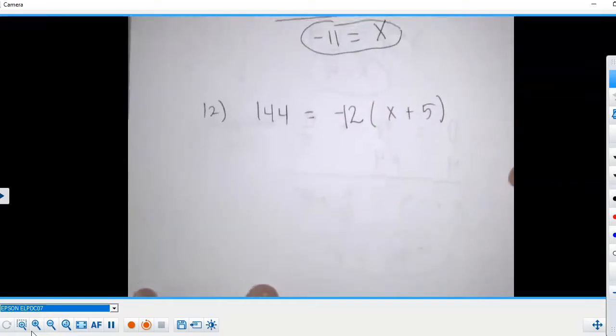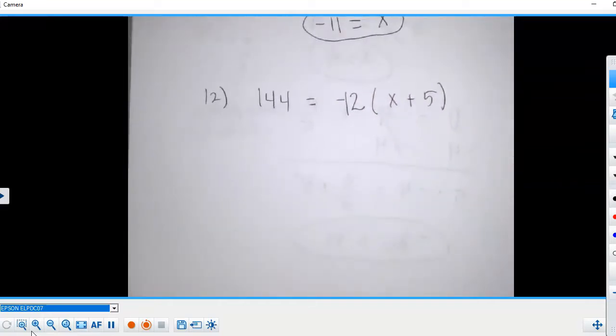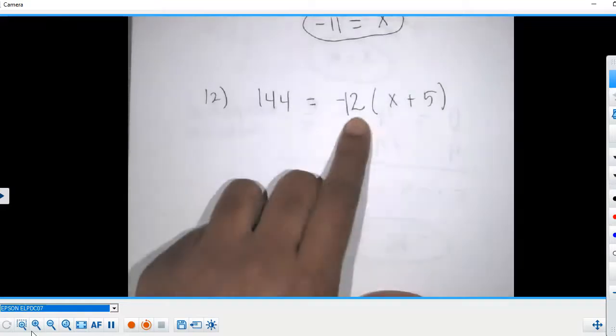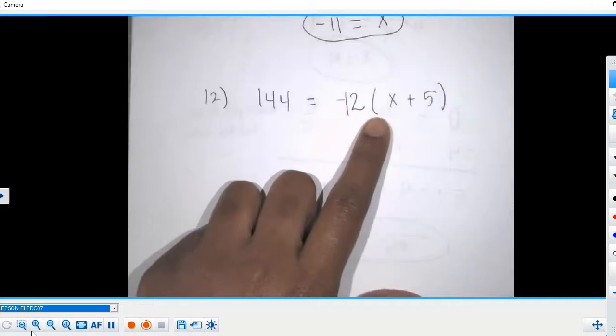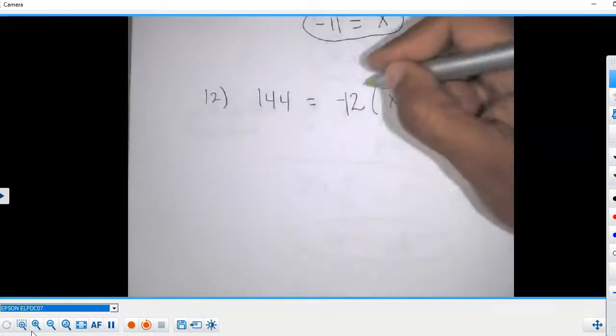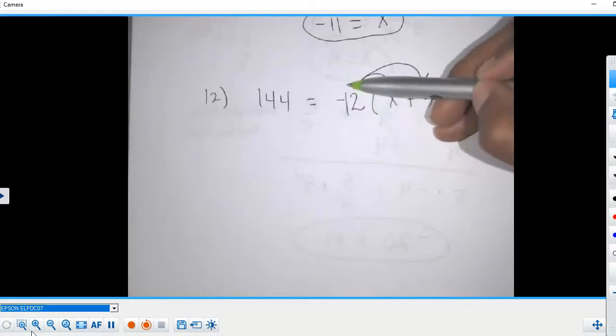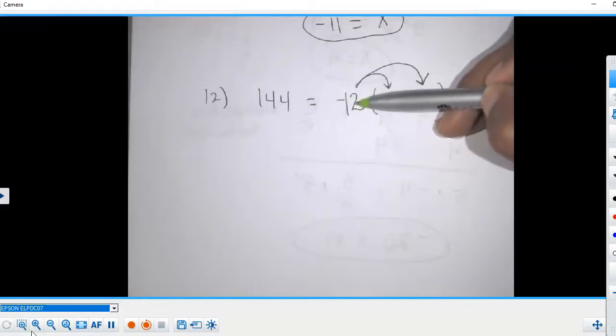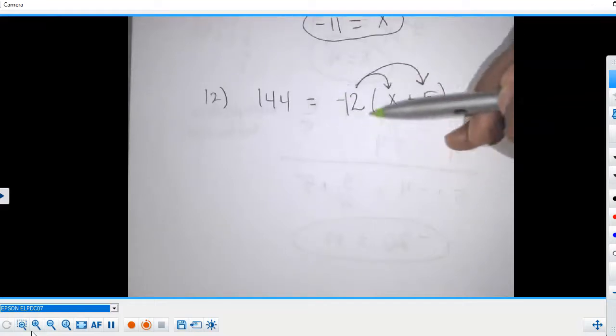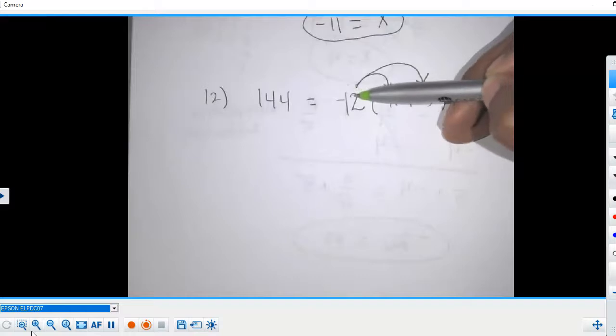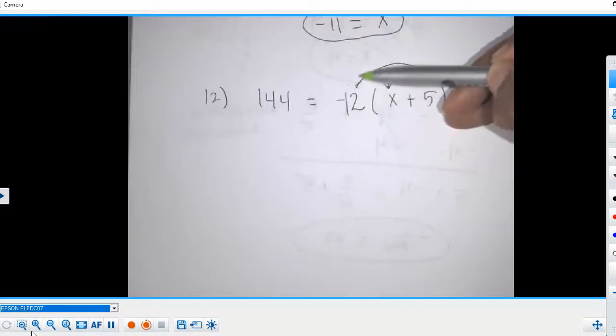This is, again, still a 2-step. I feel like this one's actually more than 2 steps because we have to do the distributive property. Remember, anytime you see a number in front of a parentheses, you need to draw those arrows and tell yourself that this negative 12, or whatever the sign and value in front of the parentheses is, has to multiply by each individual term.